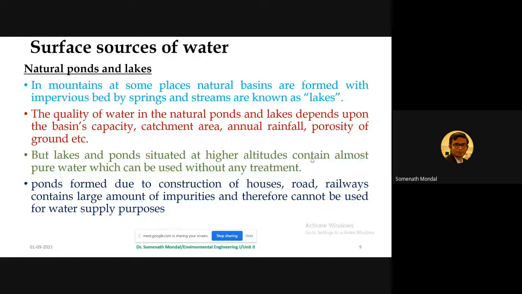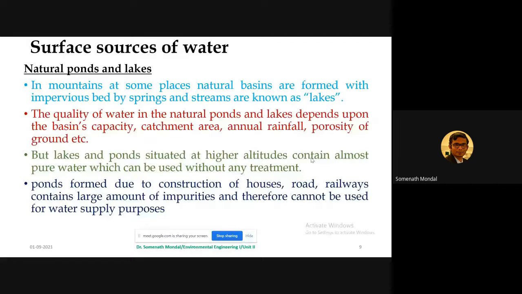And because of construction works and industrialization, we may have a lot of impurities going into the pond water, and that is why the quality of pond water is not as good as the quality of lake water, and that is why this water cannot be used for water supply purposes.